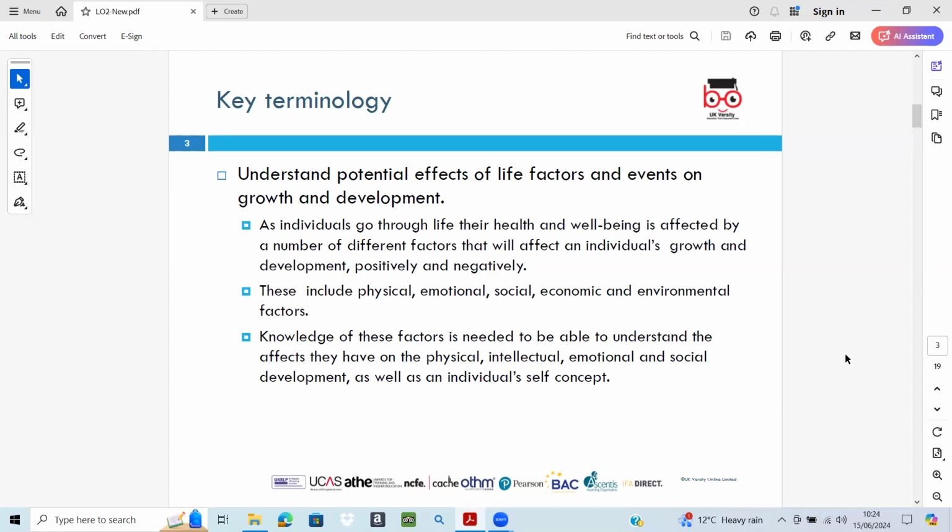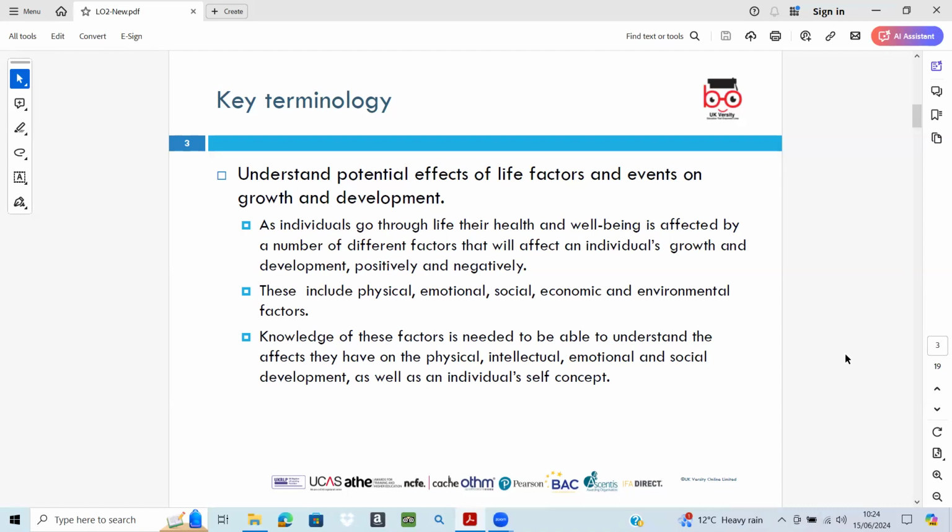For example, with income levels, higher income allows access to better healthcare, education, and living conditions, which positively impacts development. And we can have the employment factor as well. Stable employment provides financial security, while unemployment can lead to stress and health issues.